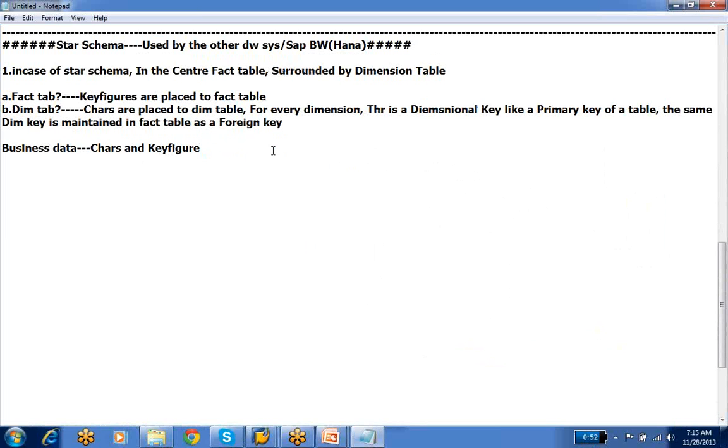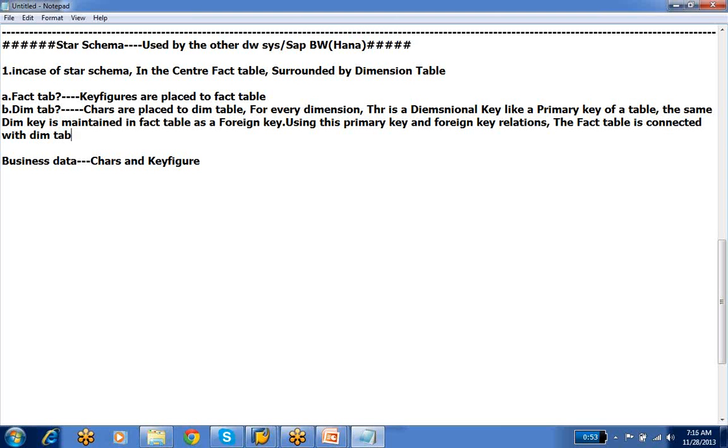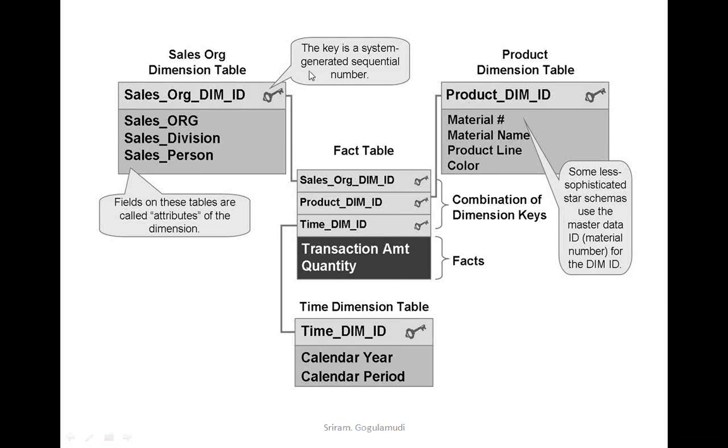So using this primary key and foreign key relations, the fact table is connected with the dimension table. You can see the fact table is connected to the dimension table by using primary key and foreign keys.